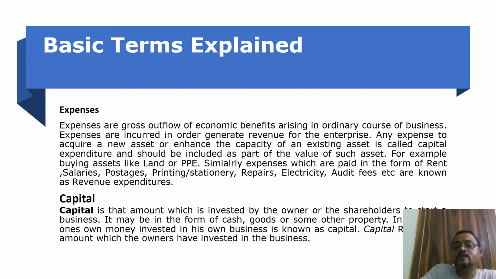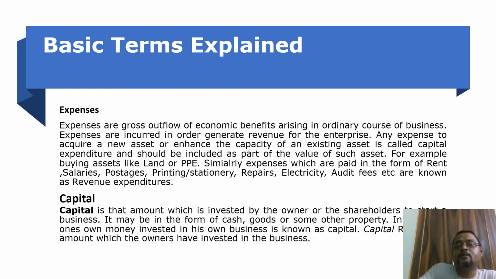They are not extinguished. A land once purchased will stay in the books for many years. Land is never extinguished. Plant and machinery once purchased will stay in the books till the end of its life period, 20-30 years, whatever that might be. It will stay in the statement of financial position.